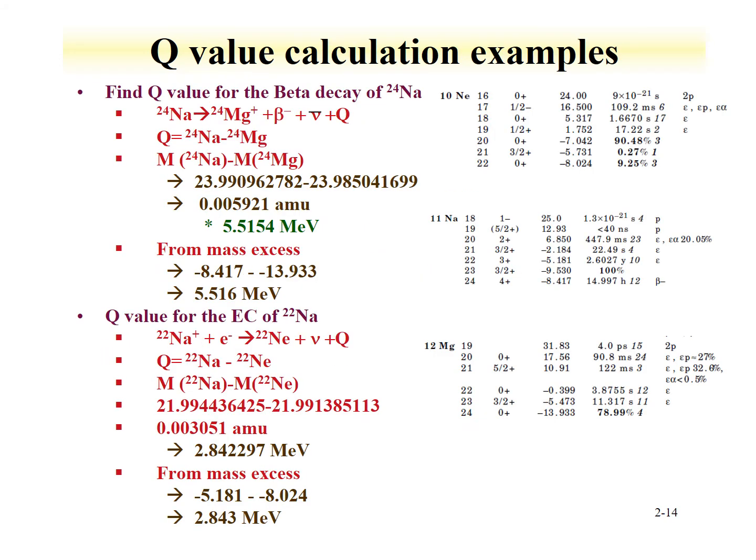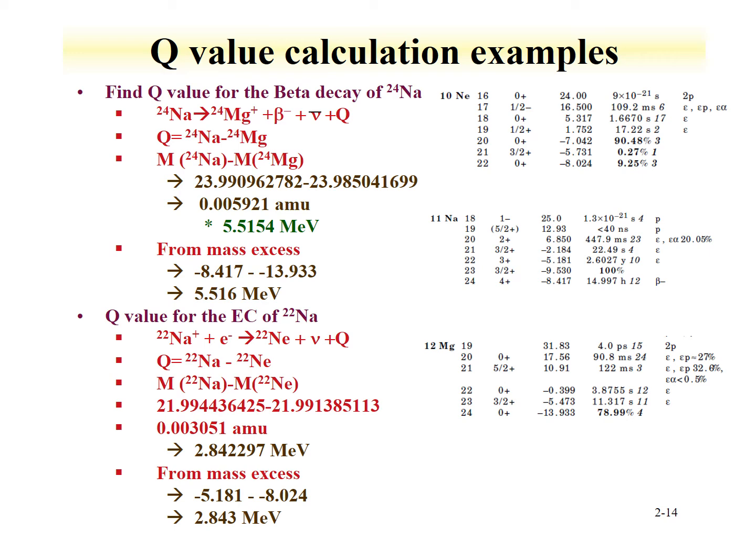So let's review what we've gone over about Q value calculations. Q value for the beta decay of sodium-24: sodium-24 decaying into magnesium-24, beta particle, antineutrino, Q value. Set up. Let's solve for the Q value. Remember that the daughter and the electron we can treat together.